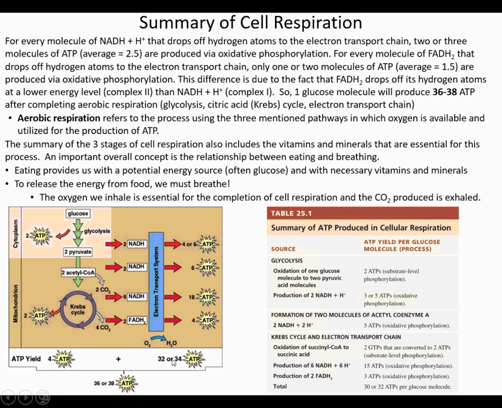Here's where the 32 or 34 number comes from. Okay. Those 2 NADHs that were formed in glycolysis have to be carried from the cytoplasm into the mitochondria. And sometimes that requires a little bit of energy. So if you see here, we list the amount of ATP coming from those 2 as 4 or 6.